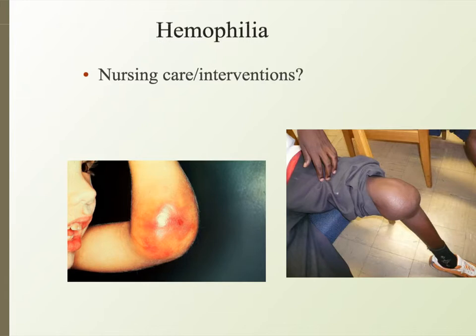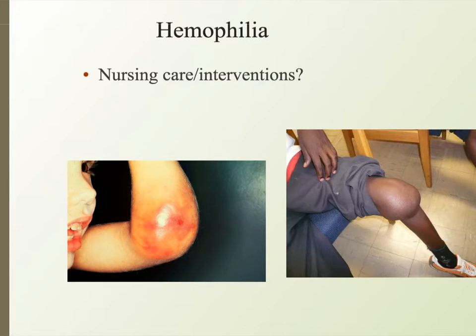We need to listen to those kids as well because they know when the bleeding is occurring. And so we need to get that factor replacement, the desmopressin, or whatever the child has been prescribed, done quickly. Another thing we can do during that bleeding episode is to do RICE: rest, ice, compression, and elevate.